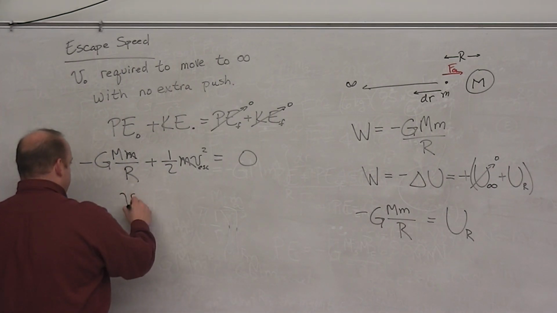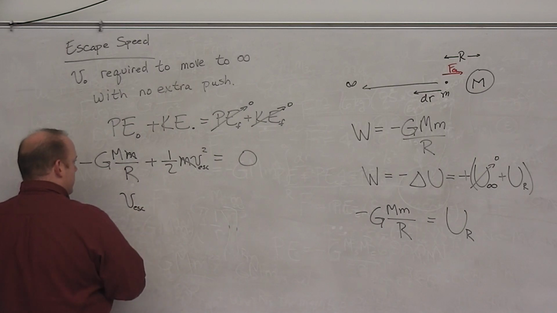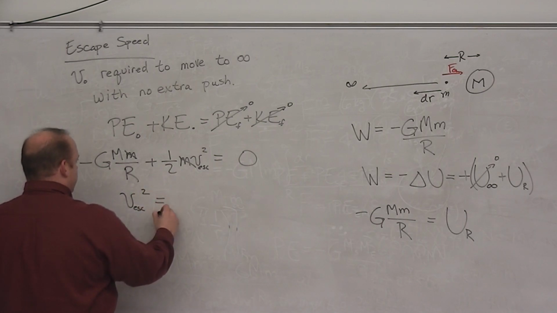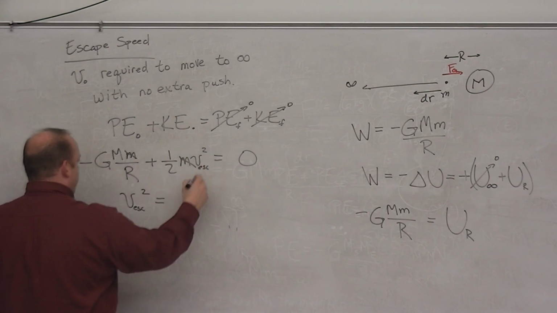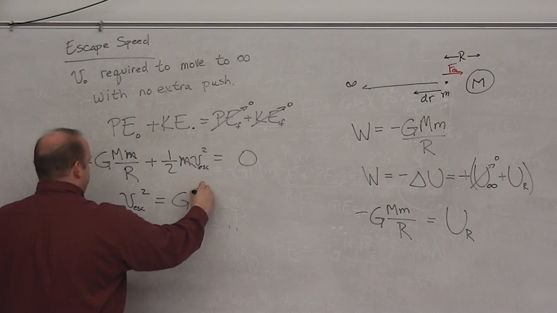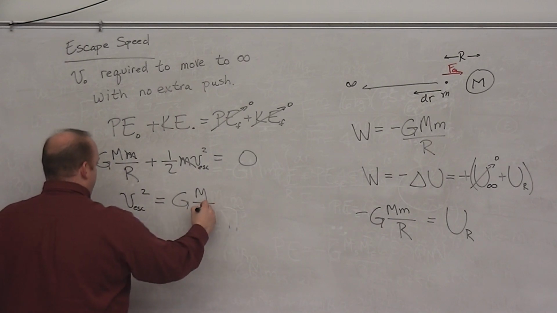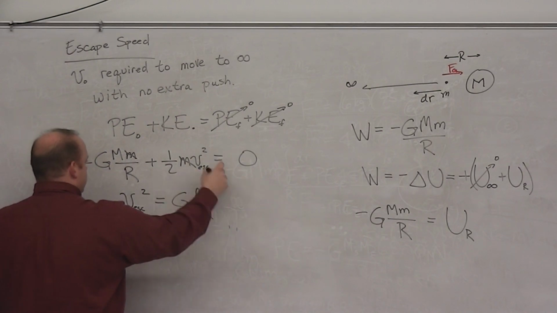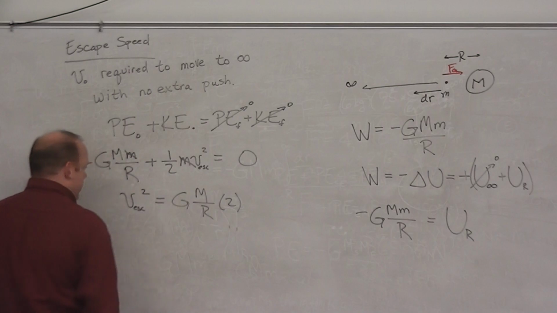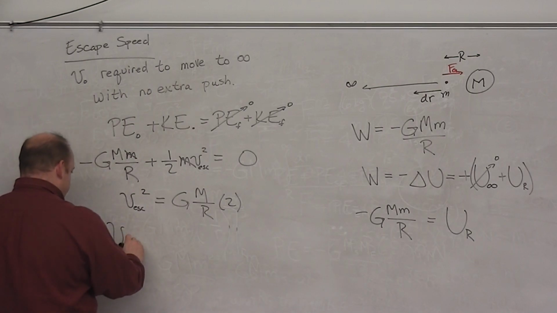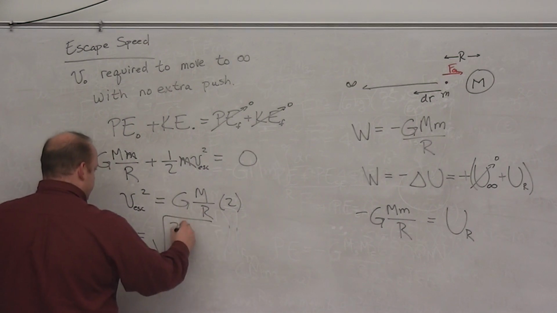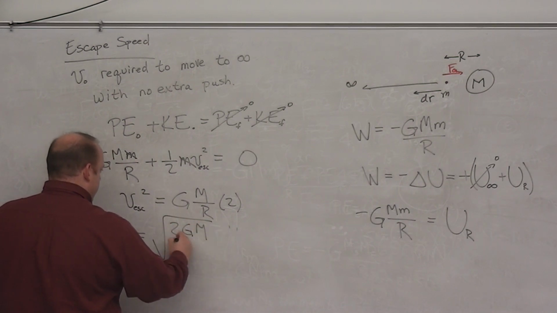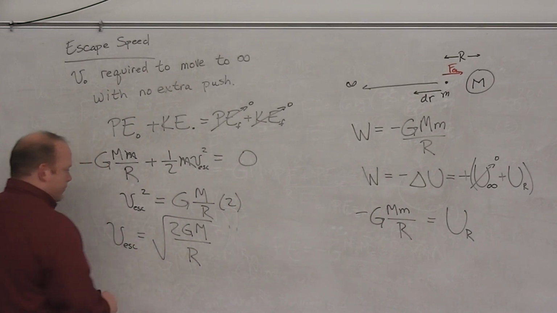I wind up with V escape squared is equal to, I bring this over, 2 G big M over R. So my escape velocity is equal to the square root of 2GM over R.